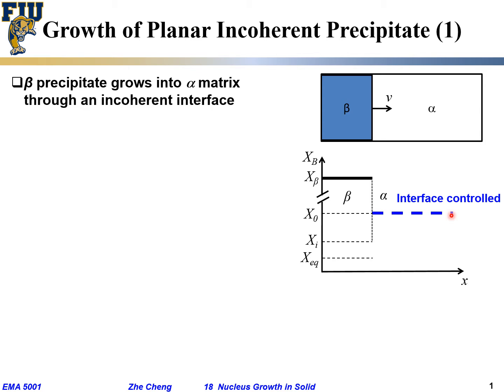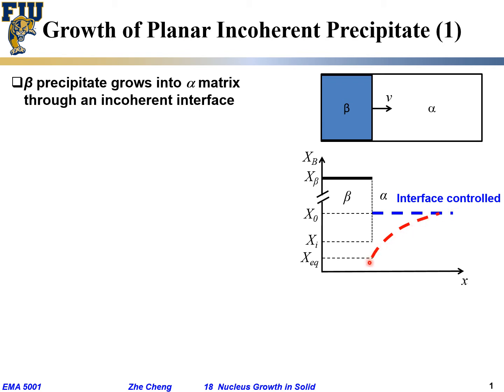On the other hand, more likely, we may have a concentration profile that follows this red dashed line as what we draw here. Deep within the matrix phase, the concentration is still x0 or the initial system concentration.